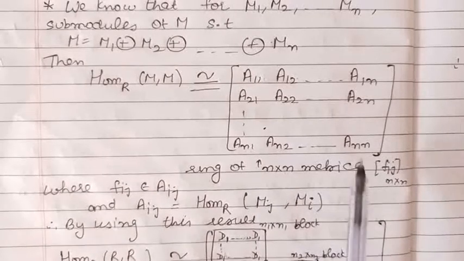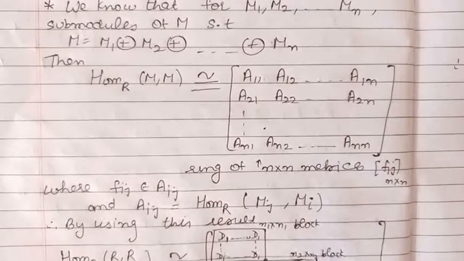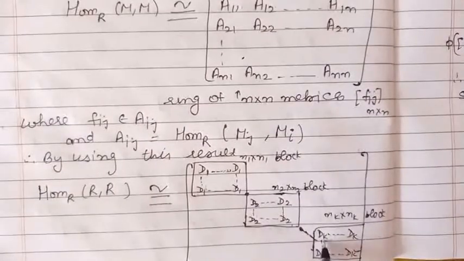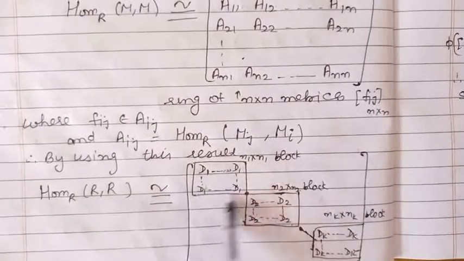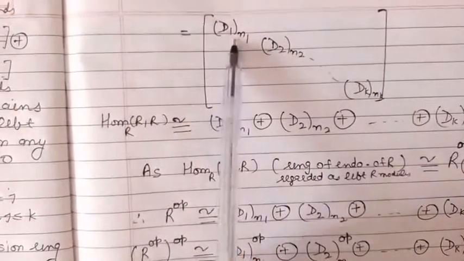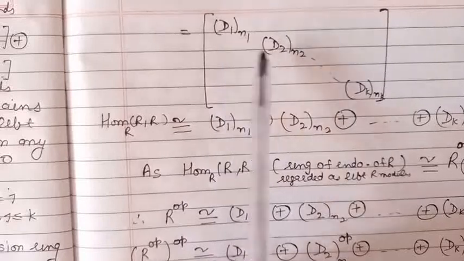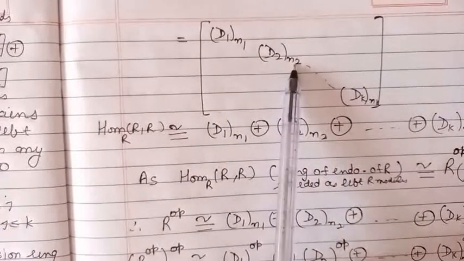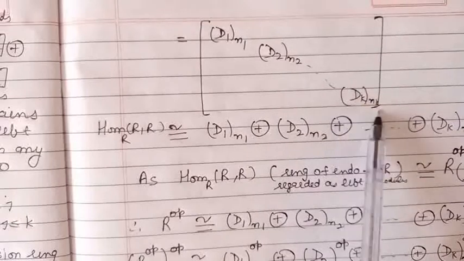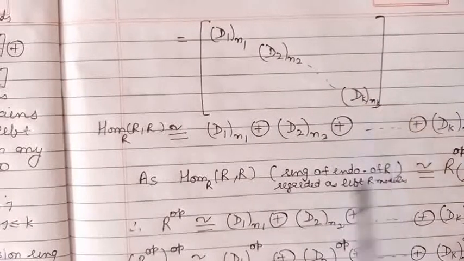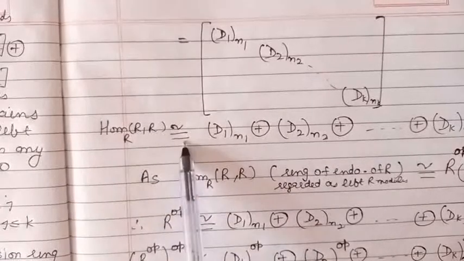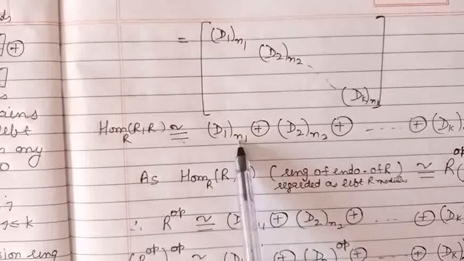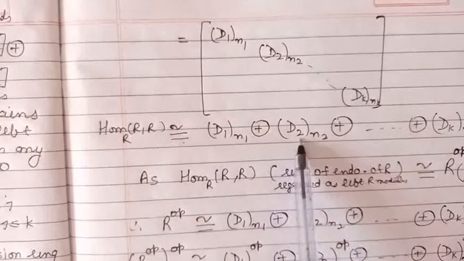And the last block, of order nk, we have denoted by writing all the elements as Dk. Now this block of order n1 we have written as D1 n1, the second block of order n2 we have denoted by D2 n2, and the last one by Dk nk. So we have proved the ring of homomorphisms of R into itself is isomorphic to this direct sum of matrix rings.